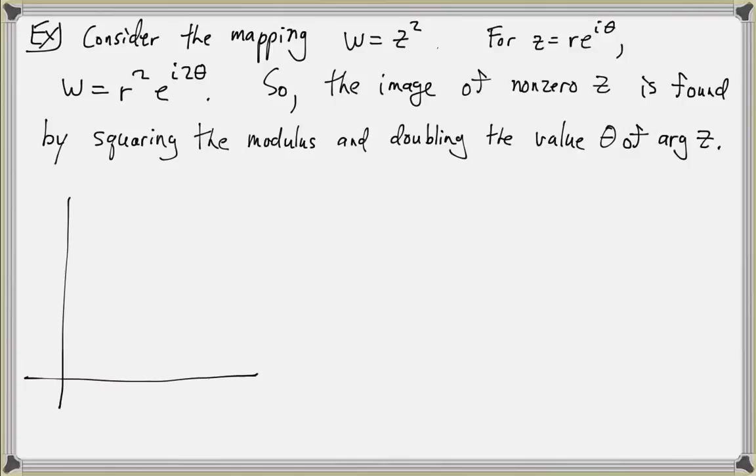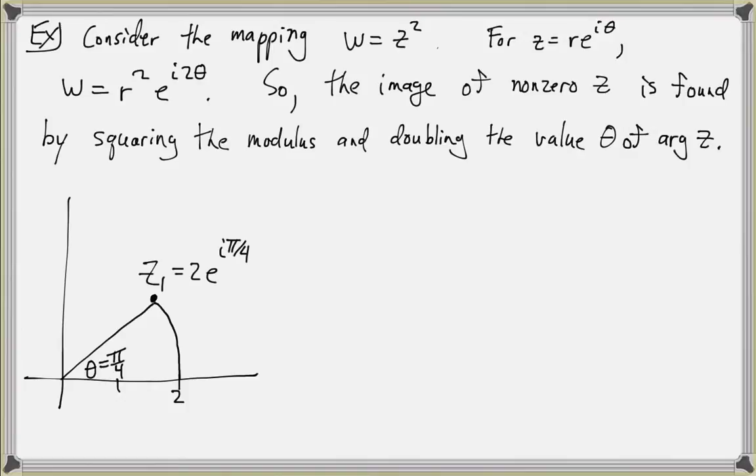So imagine in the z-plane I had a wedge-shaped region where this angle theta is pi over 4, and let's say this length is 2, so the point on this corner of the wedge is z1 equal to 2e to the i pi over 4.